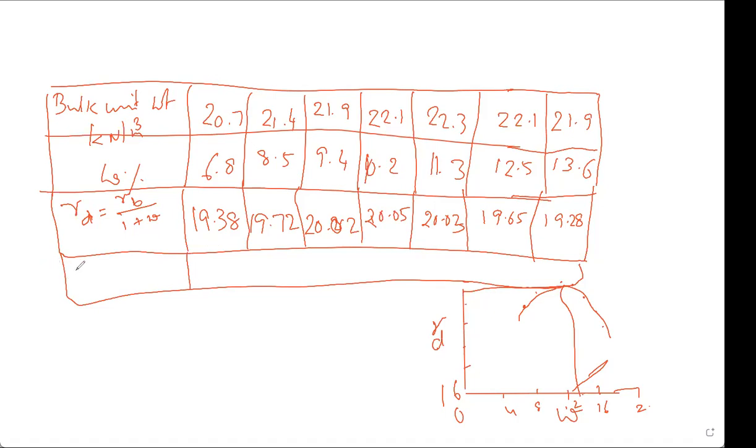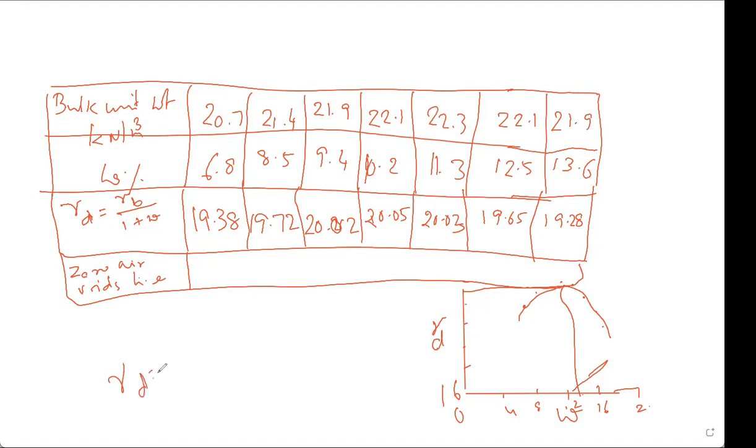To plot the zero air voids line, now we will be plotting it. For this omega, that equation is there, no?